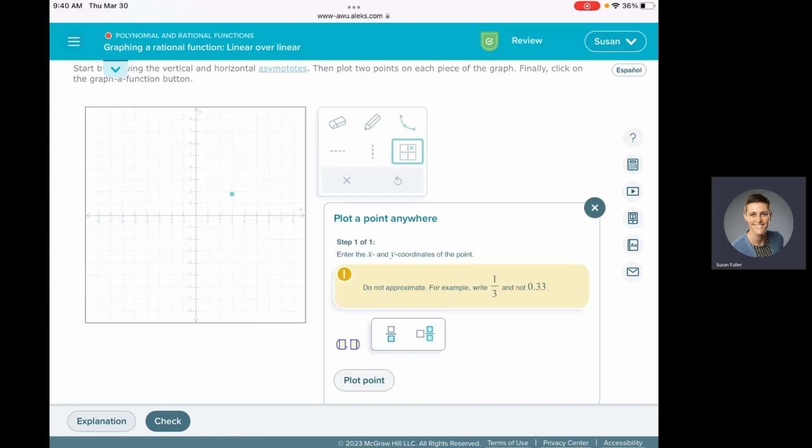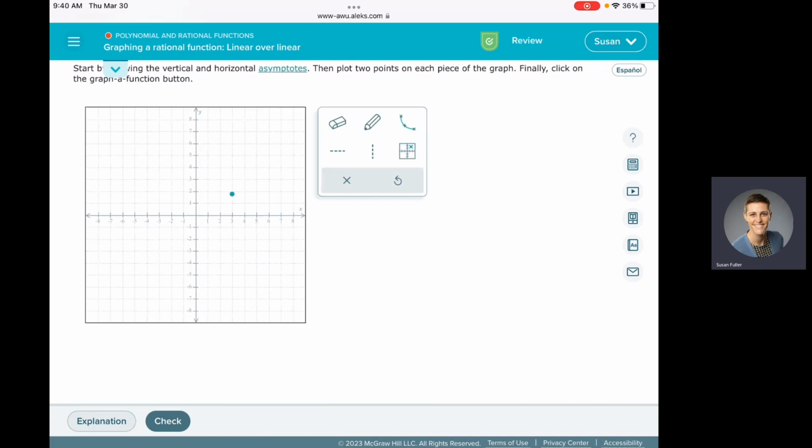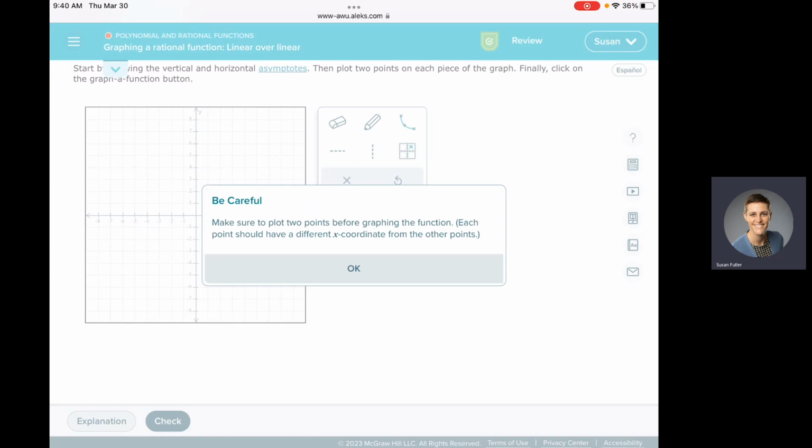That plot a point button will help you put a point in that's not a nice ordered pair. And so once you have all of your asymptotes and your points in, then you will hit this graph a function button and it'll fill everything in for you.